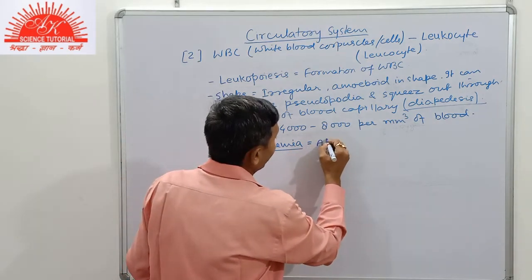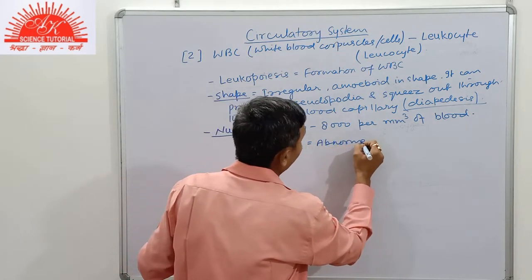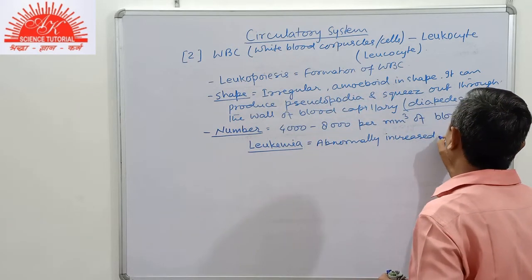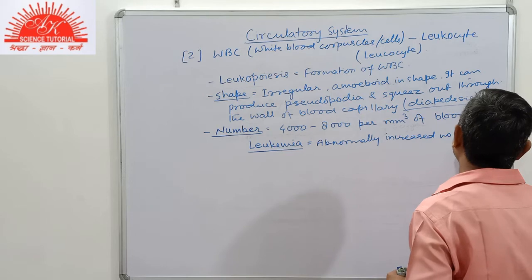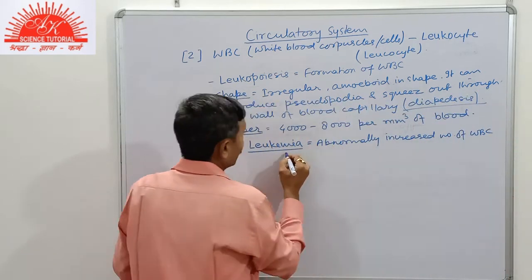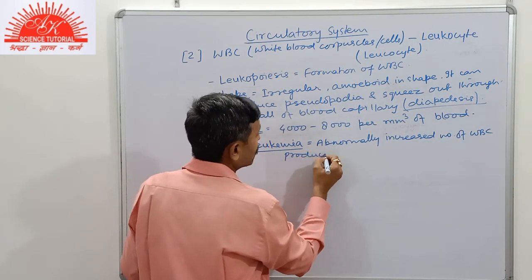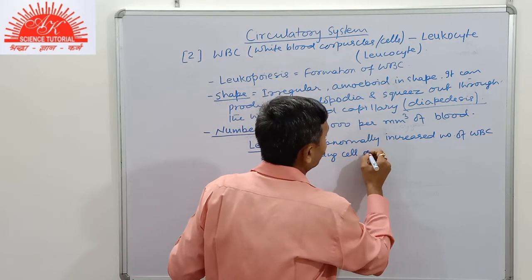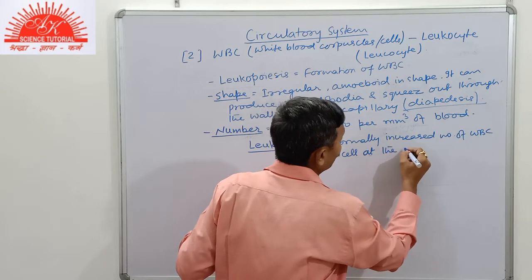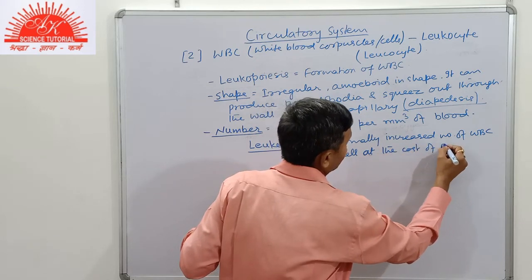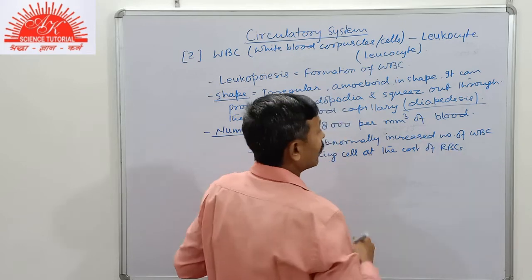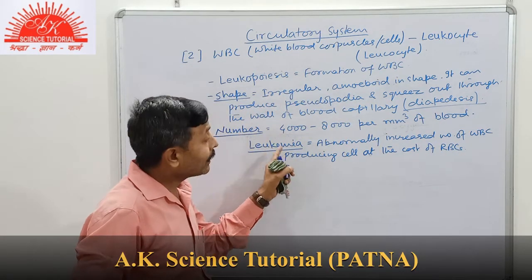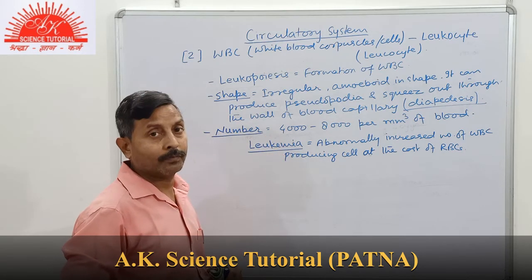It is abnormally increased number of WBC producing cells at the cost of RBC. Now in this case, it is also termed as blood cancer and it is fatal for the organism.